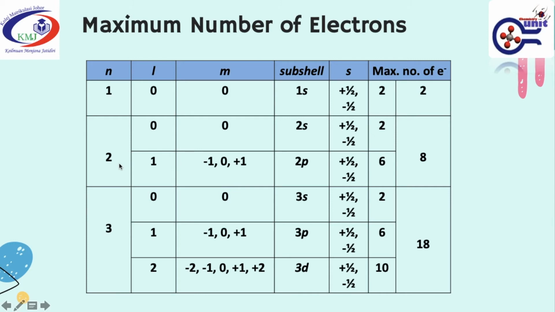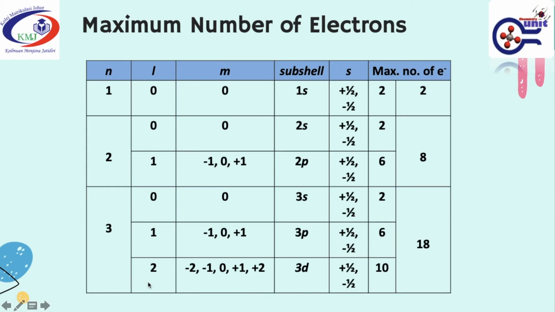When L is equal to 1, m is equal to negative 1, 0, positive 1. So we have three different orientations. Three different orientations means you have three orbitals. Each orbital can hold a maximum of 2 electrons, so you have a maximum of 6 electrons in 3 different orbitals.